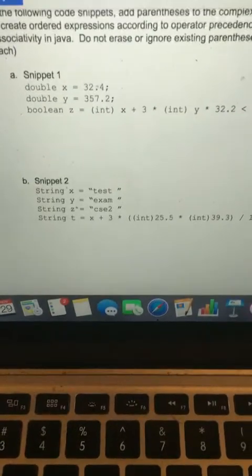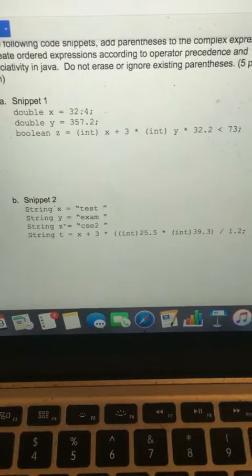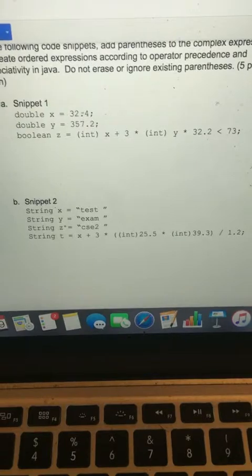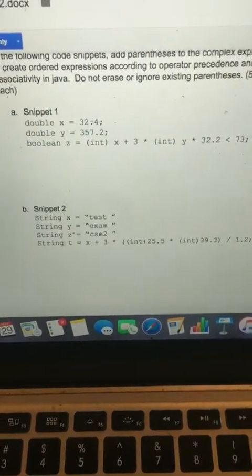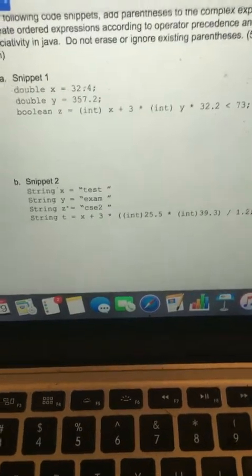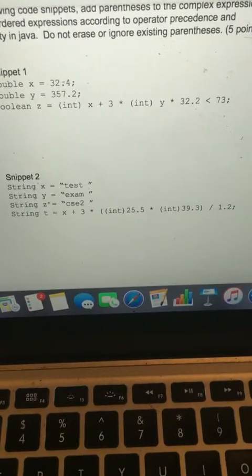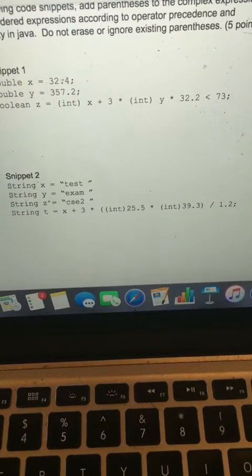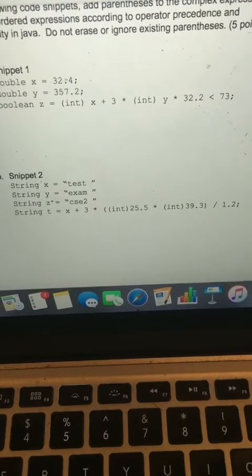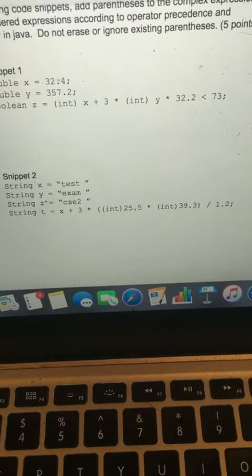Alright, so now my next question is question B from the fall 2012 exam for question 11. So question 11, part B from the fall 2012 exam. And in this question you have 4 strings. 3 of the strings are established in the beginning. The 4th string is a concatenation of the first 3 strings and a mathematical operation that's performed.